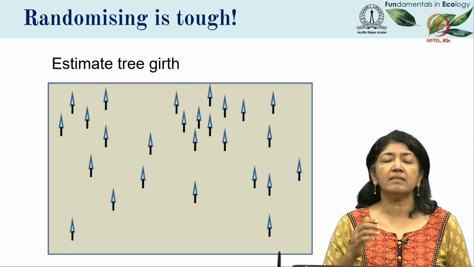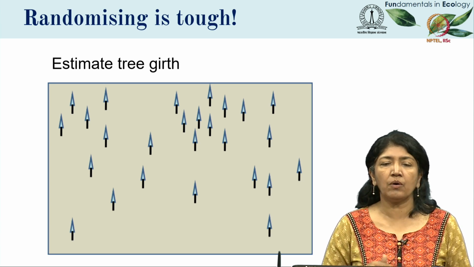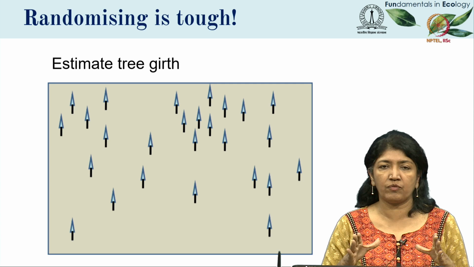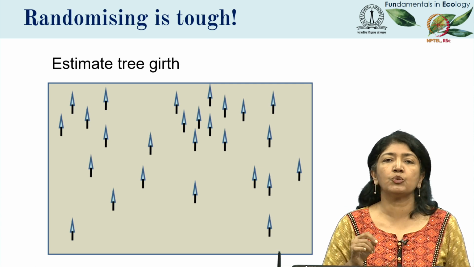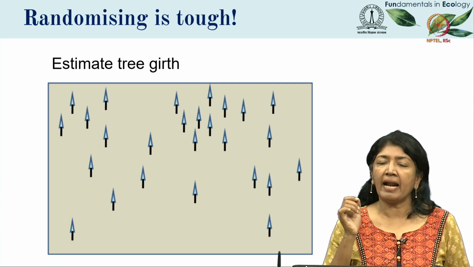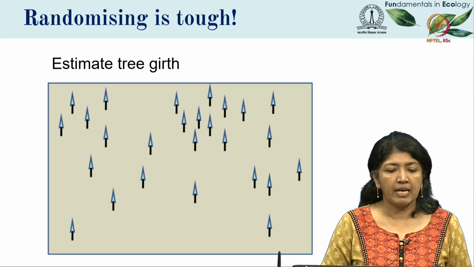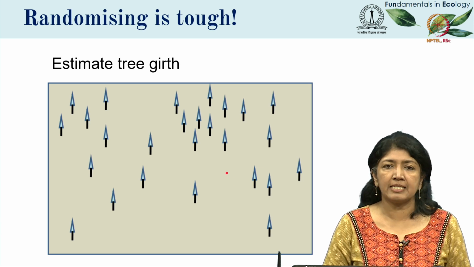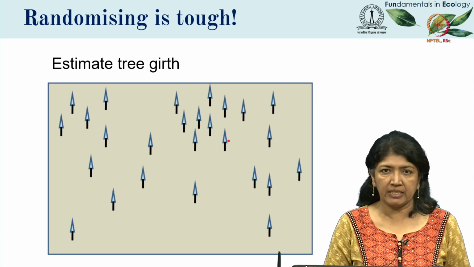So, this is the strategy I come up with. I say okay, I have the coordinates of the forest, let me choose lat long at random, let me then go to that spot, find the closest tree and measure it.